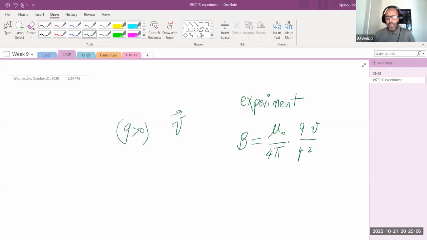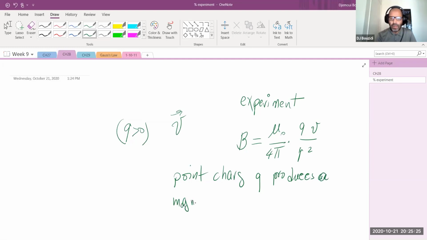So again, a point charge, q, produces a magnetic field proportional.